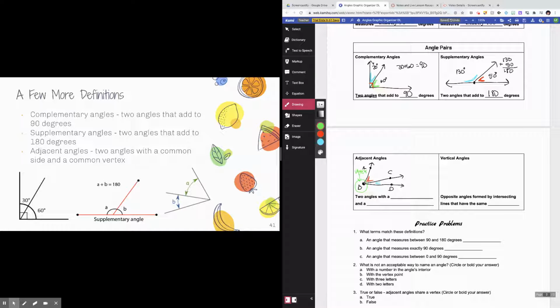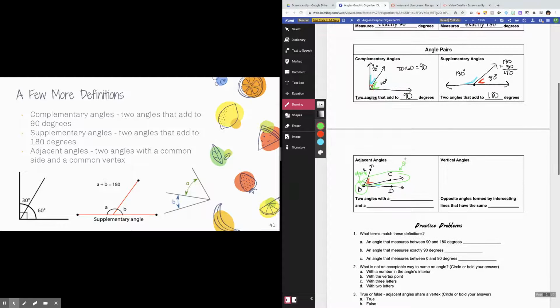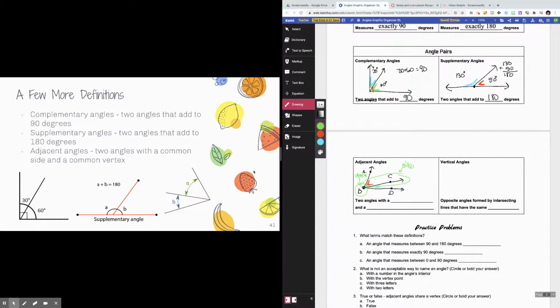So they share a vertex and they also share a side, a common side. If I had to actually write out this definition, this is two angles with a common side and a common vertex.